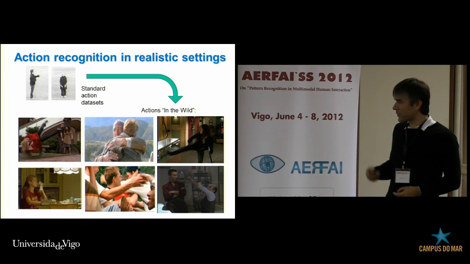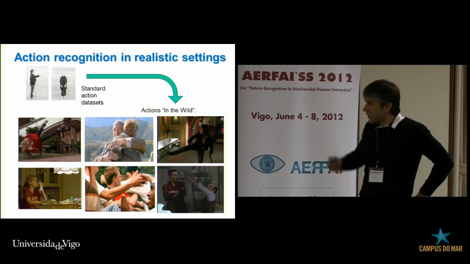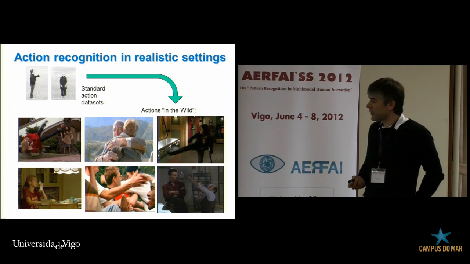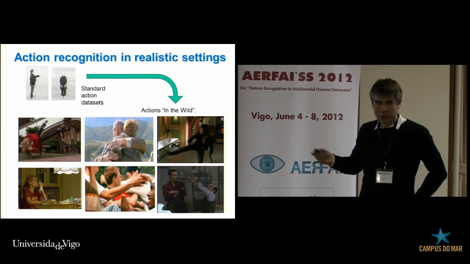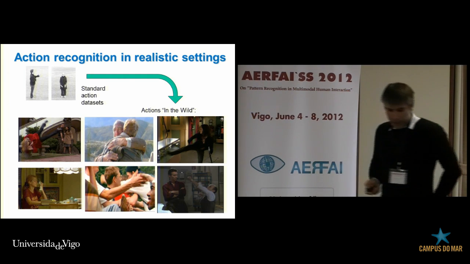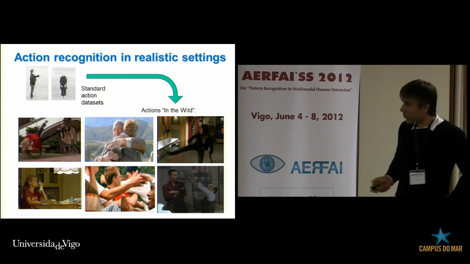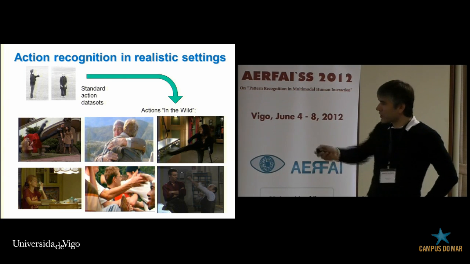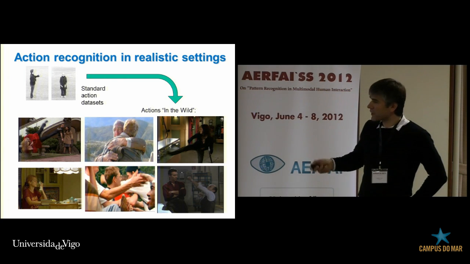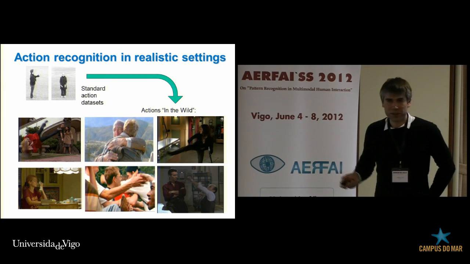Also, what is now accepted, but was a step at the time, is to move on from simple staged data sets to the real world and to address more complex scenarios, because if we keep working on these simple data sets, it will be very hard to move here. There is criticism that the gap between this and this is very large, and this is true.